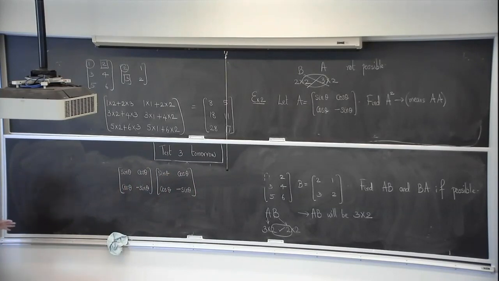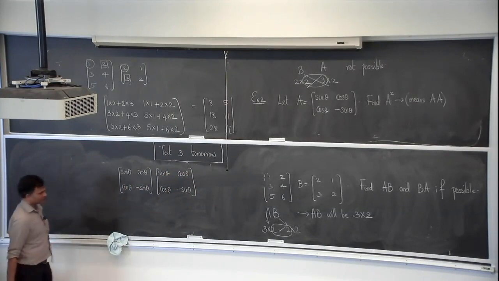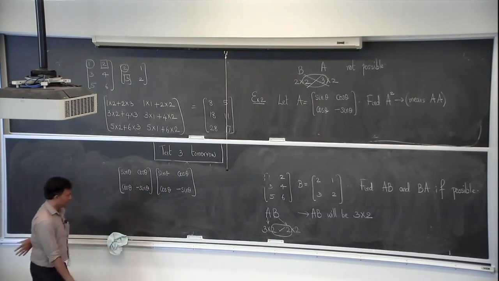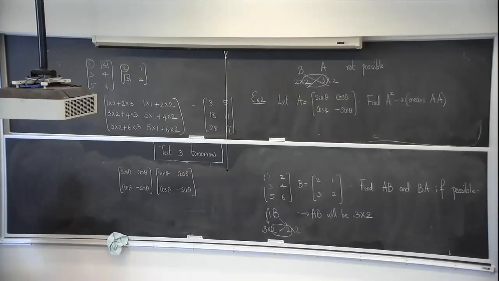Once again, square matrices come with their own privileges. You can always multiply two square matrices of the same size without being concerned about how many rows and columns they have. So it's a 2 by 2, 2 by 2. Answer will be 2 by 2.